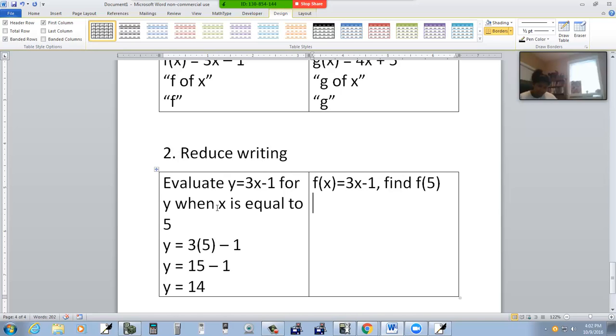A lot of times mathematical notation is just a very shortened way of expressing whatever you're trying to find. It still worked the same way. For f of 5, we plug 5 in for the x. We get 15 minus 1, or we get 14. So that hasn't changed, it's just reduced the writing.